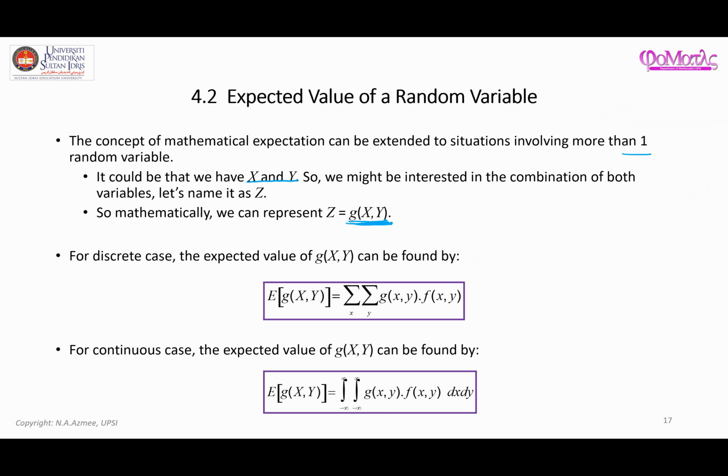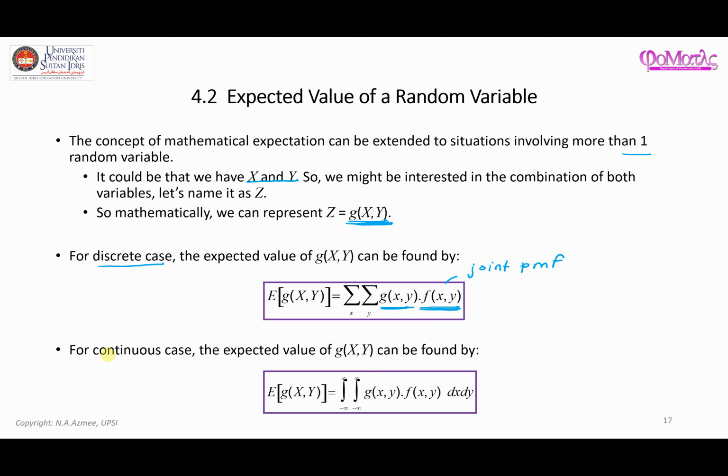For the discrete case, you'll be dealing with summation, but here we have a double summation, because what we have is a joint probability mass function, fxy, and a function that depends on x and y together.